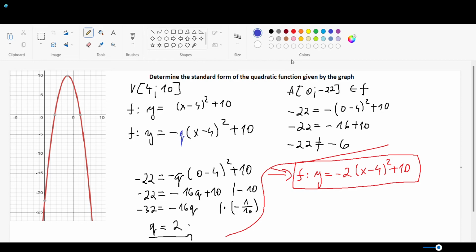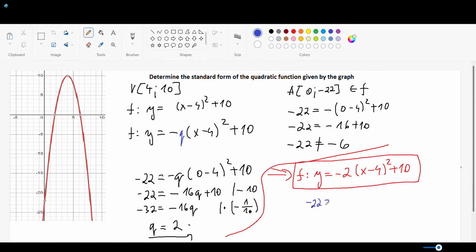but let's do some checks. Let's be sure that this is really the function we are looking for, and this is the function of the graph given on the left side. So let's try again.